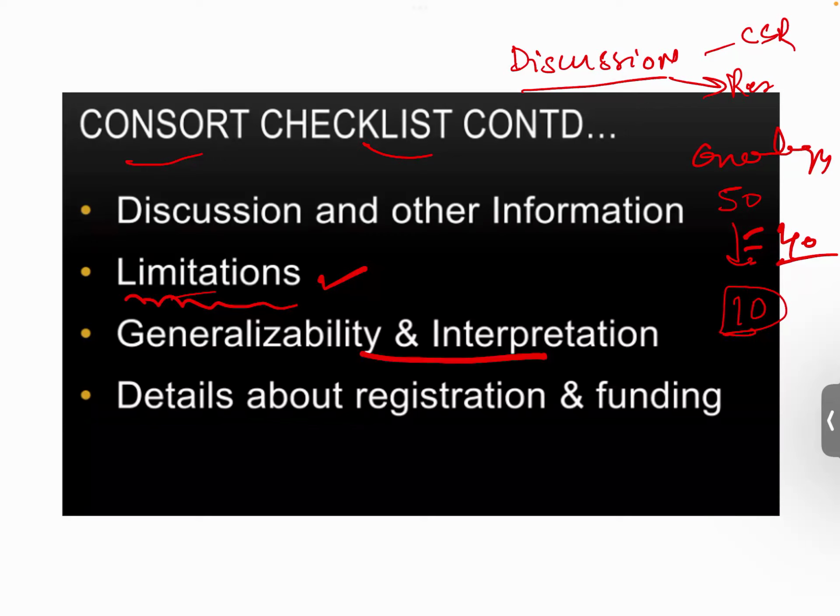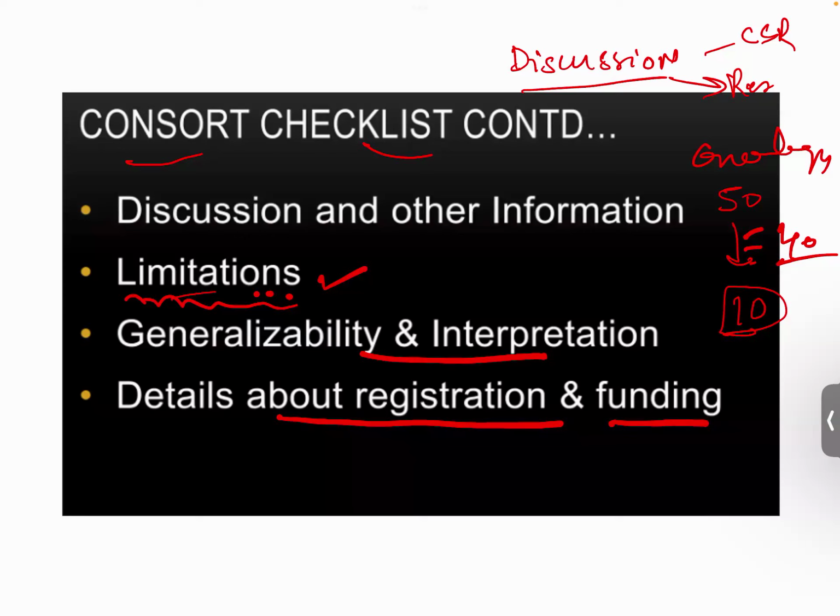Or even in the limitation section, suppose there is a GCP violation or some other issues, or a trial has stopped, you have to explain that, because that becomes your limitation. Details about registration and funding are a must.